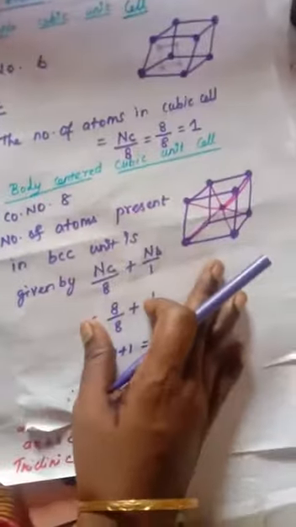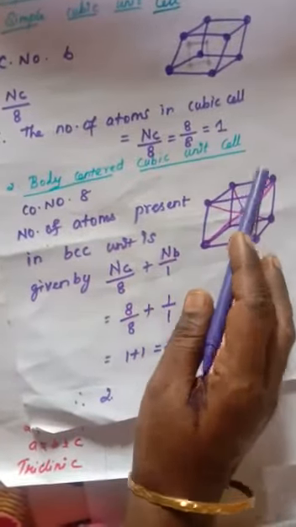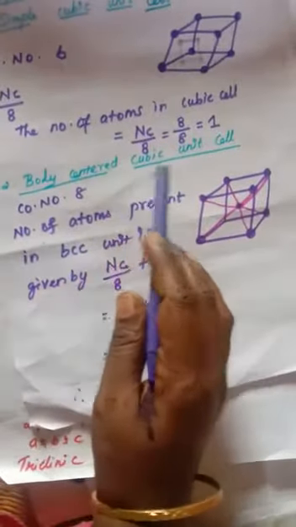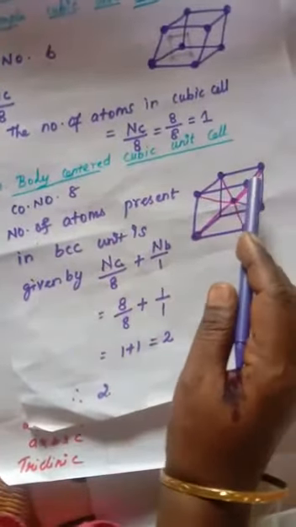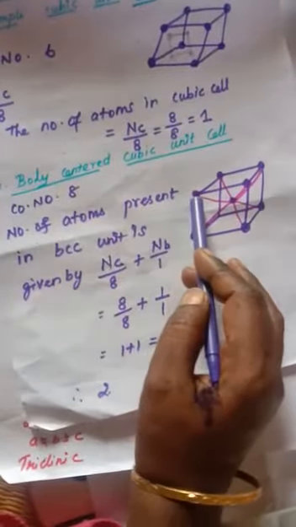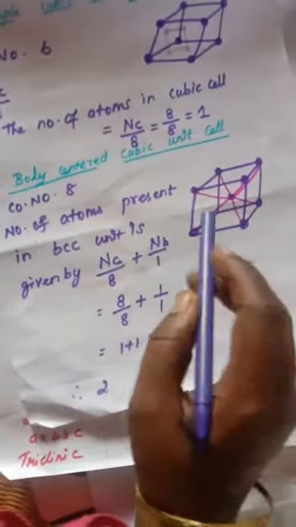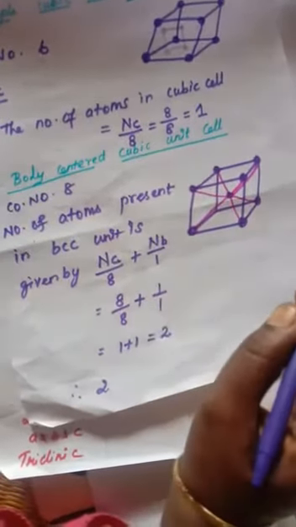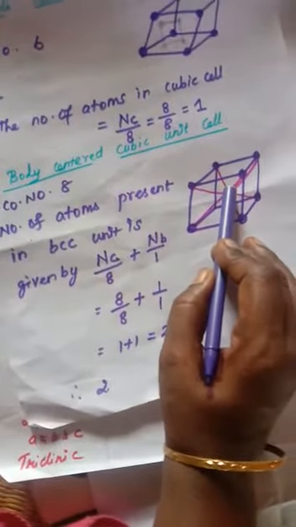Second one is the body centered cubic unit cell. In the body centered cubic unit cell, each corner is occupied by an identical atom, ion or molecule, whatever it is. Along with this, one atom occupies the center of the body.